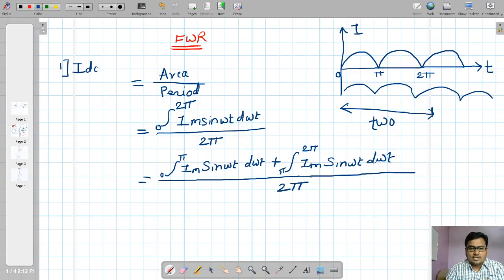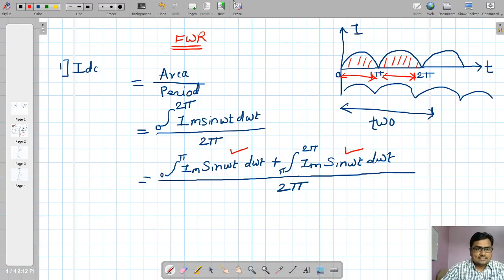Now observe the output waveform. Two periods we have considered: one period is from 0 to pi, another from pi to 2 pi. For both periods, the waveforms are identical. Whatever value I get for this part of the equation, I will get the same value for the other part.